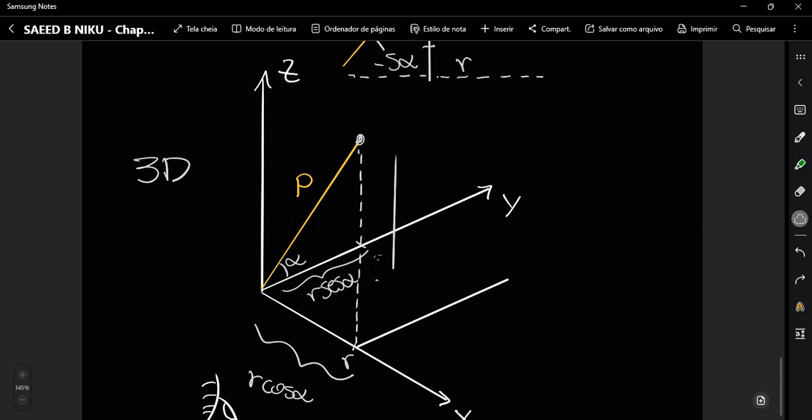It can be right here. It can be at any point, but of course it is right here above this dashed line. So I will erase this.